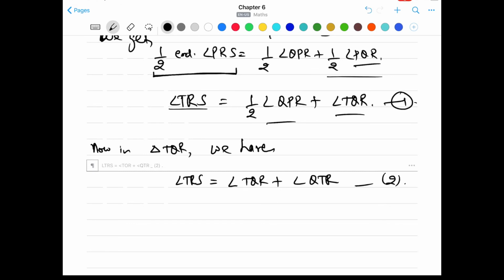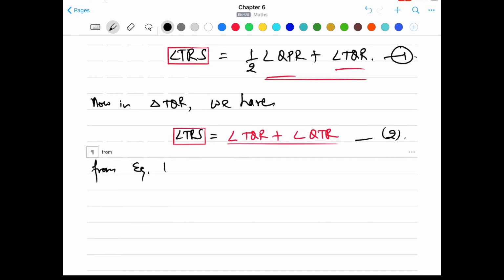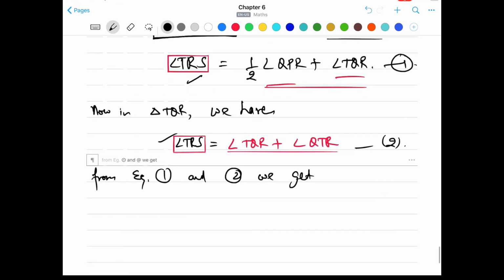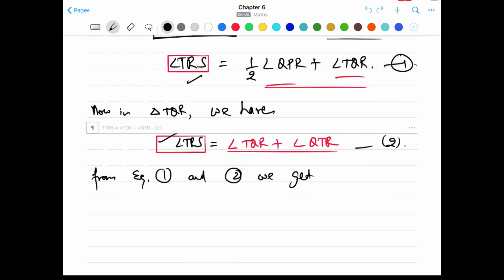Okay, now on comparing equation 1 and equation 2, in both equations we have TRS equal to this one and here TRS equal to this one. So from equations 1 and 2 we get, since both are equal to TRS, these two are also equal.